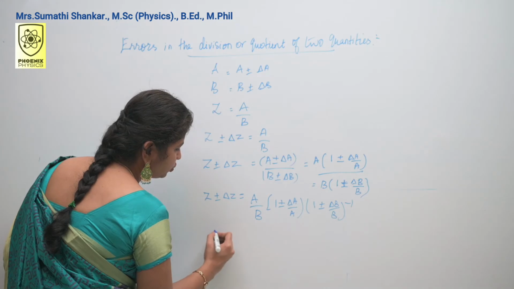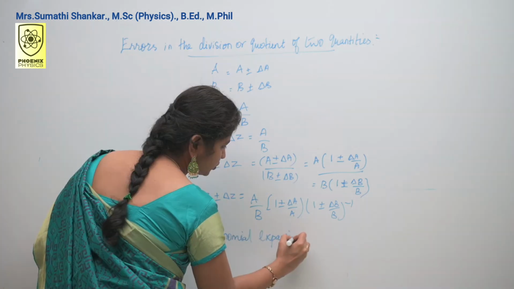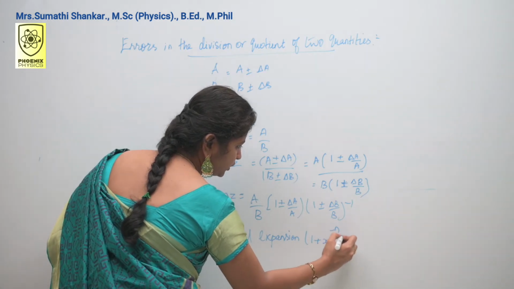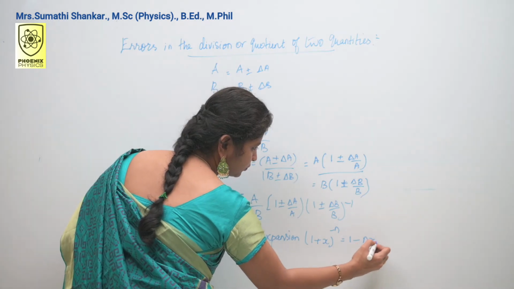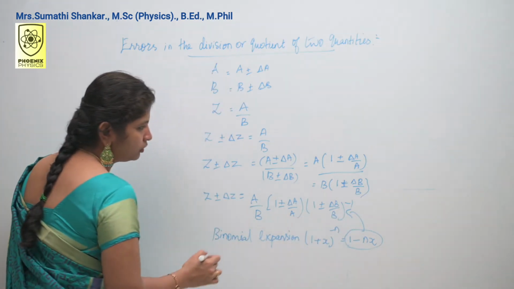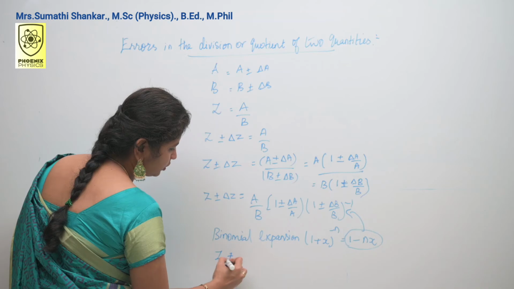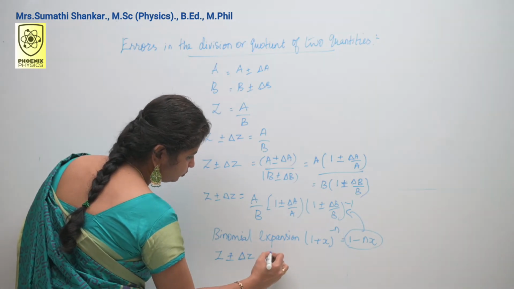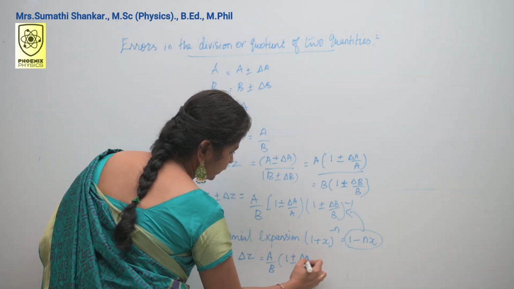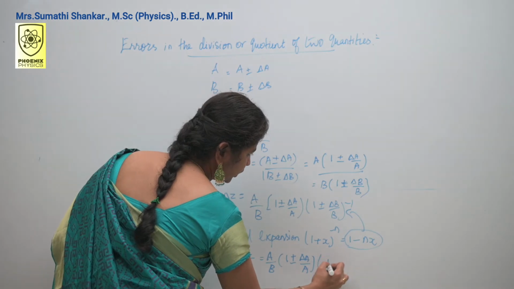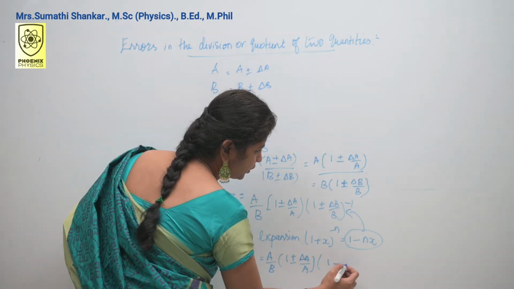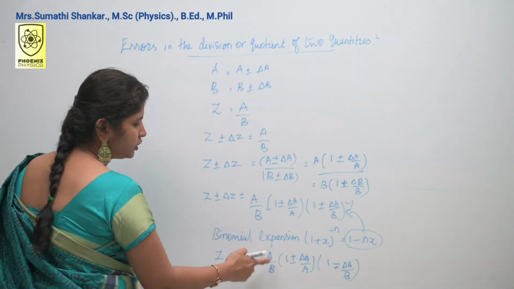Here I am using binomial expansion. What is binomial expansion? 1 plus x to the power minus n means 1 minus nx. Based on this formula, I have written Z plus or minus delta Z is equal to A by B, 1 plus or minus delta A by A, 1 minus or plus, I am bringing the minus inside, so minus or plus delta B by B. So what is my A by B?